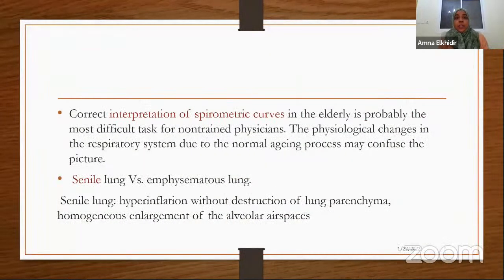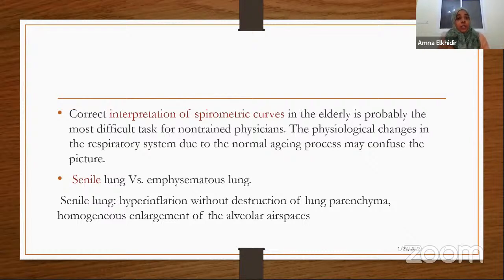Also, the spirometric curves are used in diagnosis of asthma. There is incorrect interpretation of them in elderly because the physiological changes in the respiratory system due to the normal aging process may confuse the picture. Also, there is something called senile lungs, which are the changes that happen in elderly that make the lung different from younger populations.